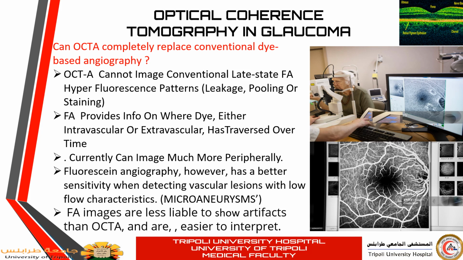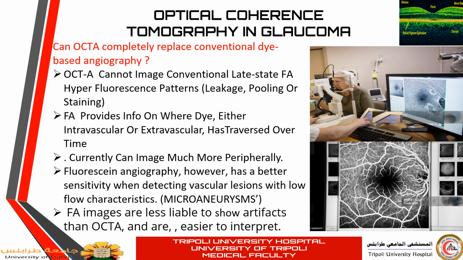And even with fluorescein angiography, we can image more peripherally. In OCT angio, we concentrate mainly on the central part of the retina, because the resolution is inversely proportional to the area of acquisition. The more the area, the less the resolution, and if there is less resolution, it will not be a useful technique.